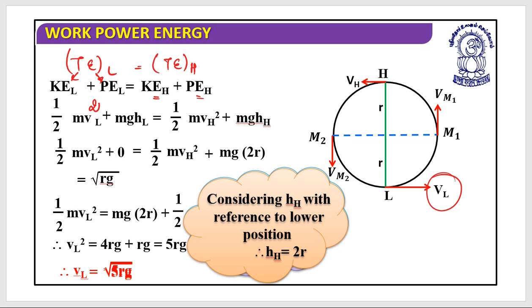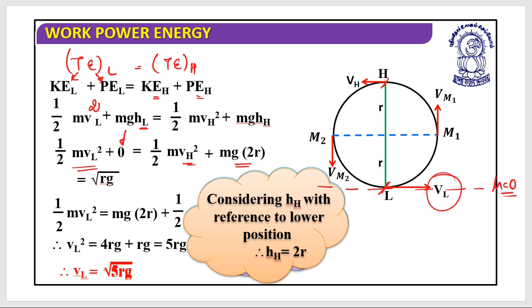Now if I take this as the reference, with h equal to 0, then mgh at L would be 0, because height is 0. So half mvL square equals half mvH square plus mg into 2r. How 2r? Look at this: the vertical separation, or vertical displacement, is equal to 2r.